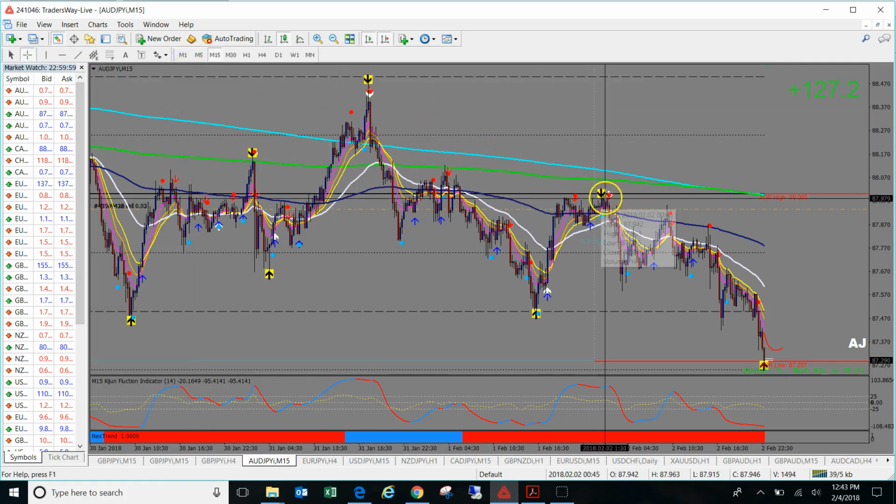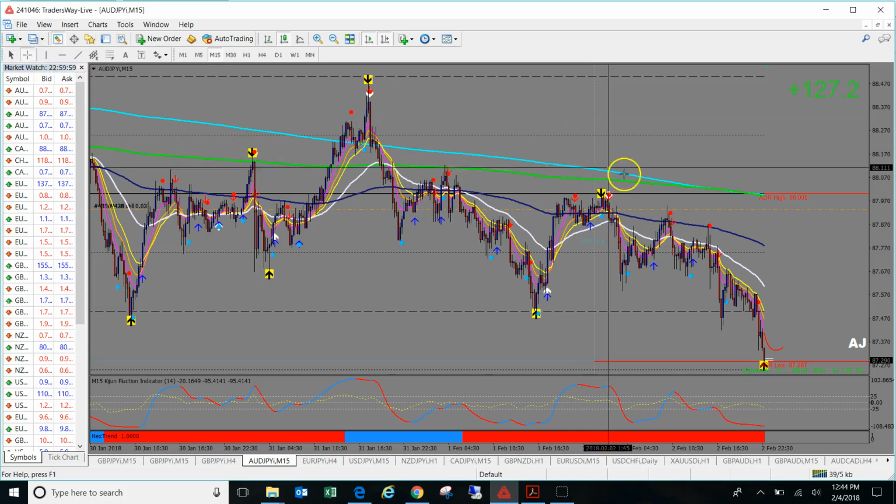If you wanted to take this, you've got all these confirmation signals right here: the red dot, the white Agimat entry, and the ETR2. You can jump in that trade, take it down to the first little dot right there, 25 pips. If you're feeling risky, you can hold it and take it for another 25 pips. So that's 50 pips that you can catch on the 15 minutes.